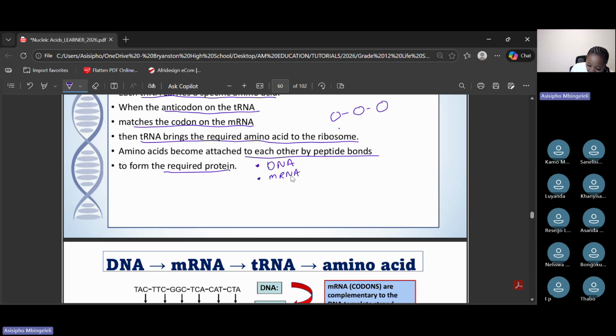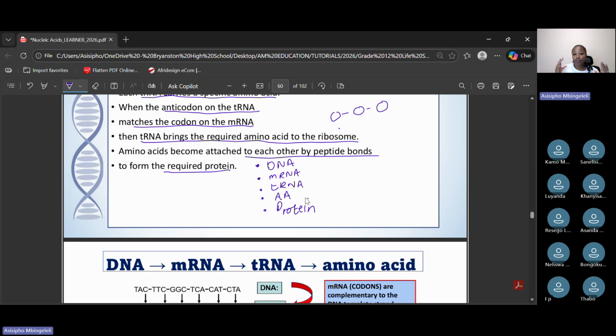From messenger RNA, what did we form? We used the codons of messenger RNA to form the anticodons of transfer RNA. From the transfer RNA, we are then able to get the sequence of amino acids, because remember the transfer RNA is the one that will collect the specific amino acids and bring them to the ribosome. When we have a sequence of minimum 50 amino acids, we then form a protein.